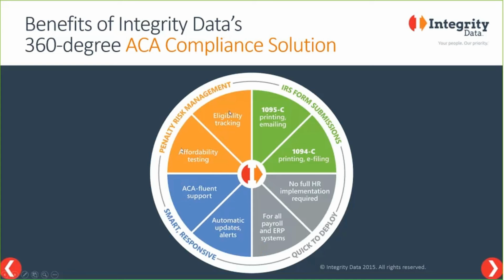Penalty risk management, making sure you're catching those employees that become eligible, making sure that the insurance that you're offering to those employees is affordable. And then for the ones that are eligible, being able to produce a 1095C and the 1094C and be able to e-file that if you're over 250 submissions.